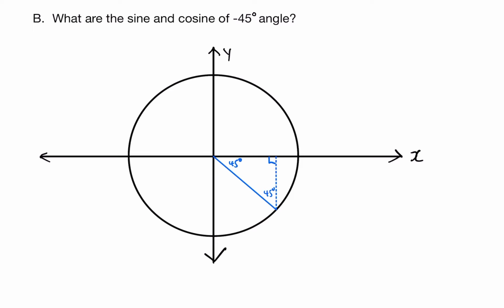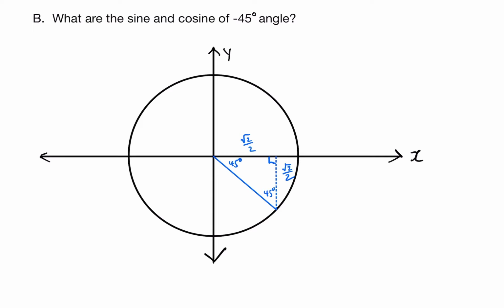Okay, and if you recall from your geometry days, in a 45, 45, 90 degree triangle, the legs are going to equal square root of 2 over 2, for both legs, the x and the y value, square root of 2 over 2.